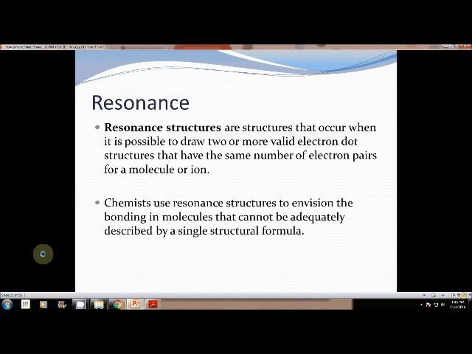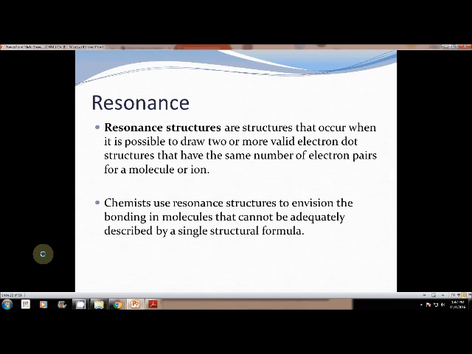The next multiple choice question about a vocabulary term is a resonance structure. Resonance structures show that there is more than one way to draw a valid electron dot structure or Lewis structure. And there's more than one valid way to do it. Chemists use resonance structures to show that the electrons can move around, and sometimes one structure is inadequate because you can have many different versions.